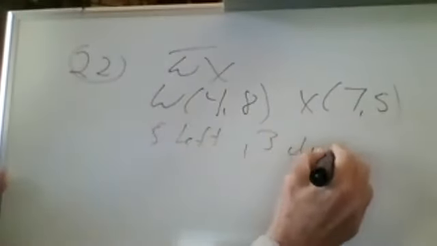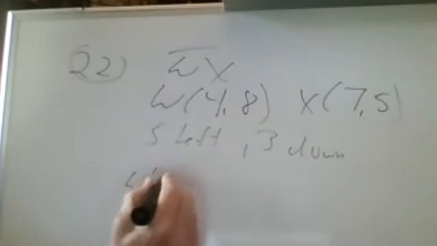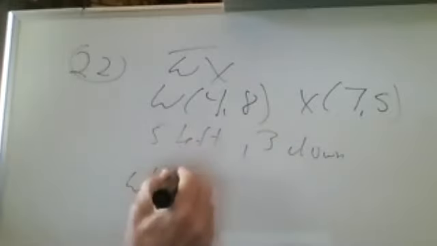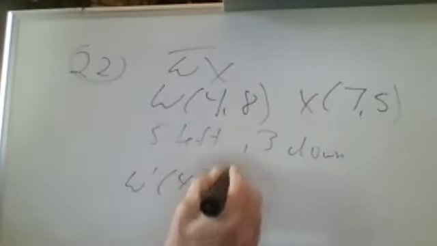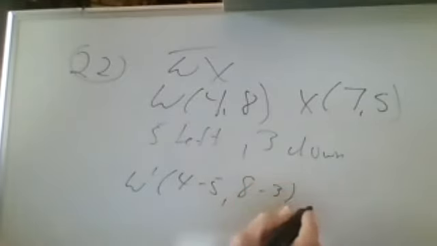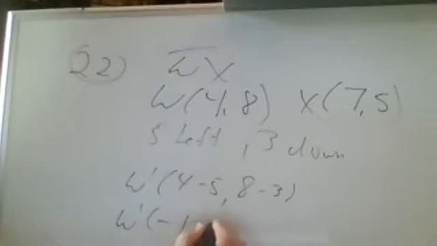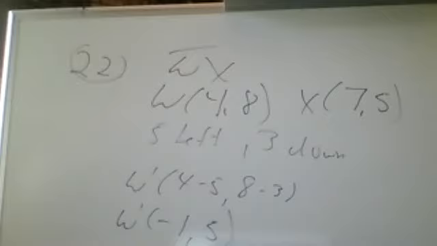The easiest way, instead of counting the picture. So W prime becomes 5 left, that's 4 minus 5, and 8, 3 down is minus 3. Okay, so W prime becomes 4 minus 5 is negative 1, 8 minus 3 is 5. So W prime is negative 1 and 5.